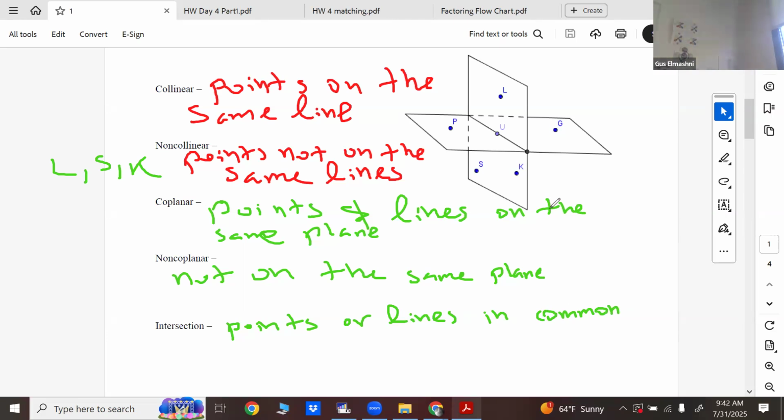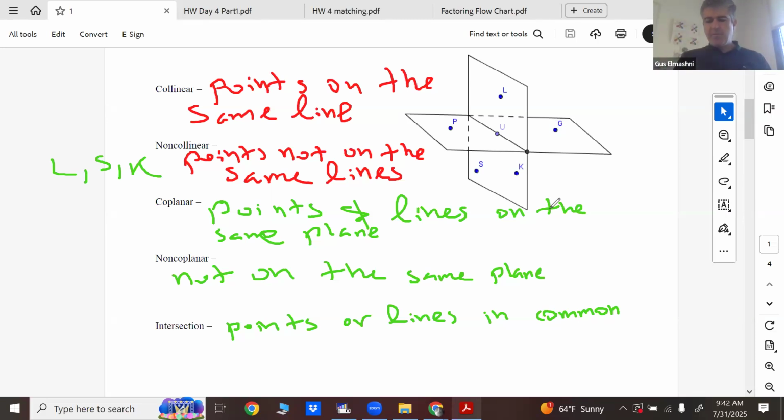So look at this line here that claims point U. Is that line common in both planes? Yeah. These 2 planes intersect at that line there. Or if you were to draw 2 lines and they touch, the point where the 2 lines touch would be an intersection. So those points and lines are in common, are intersection points where they meet.